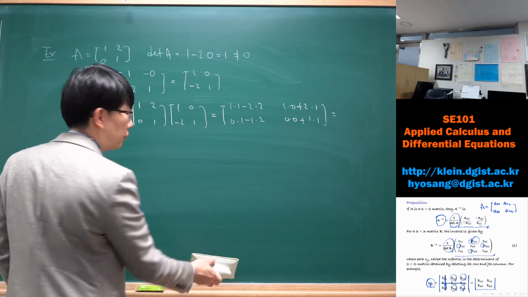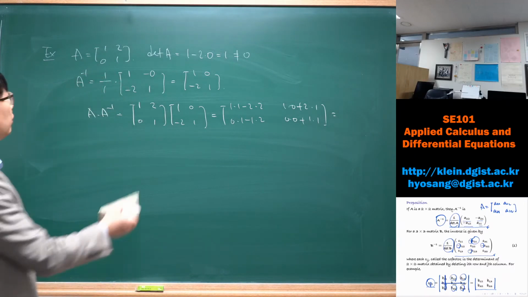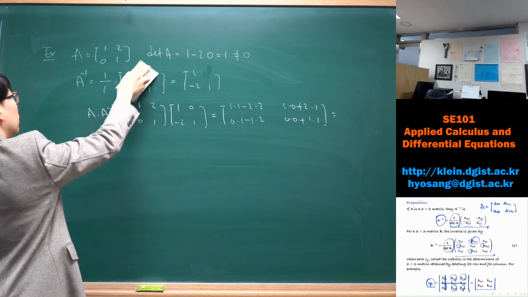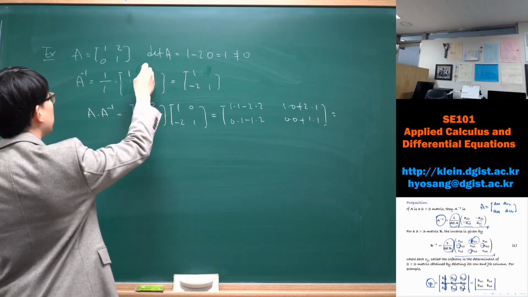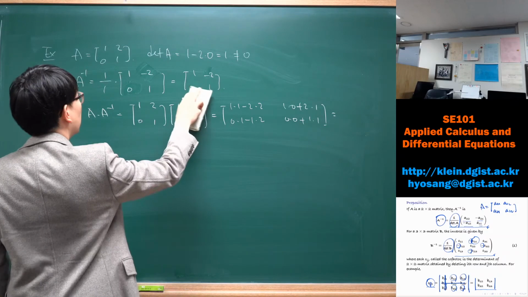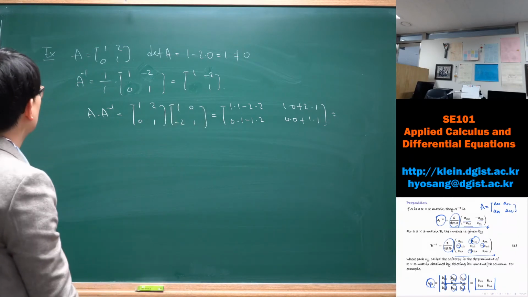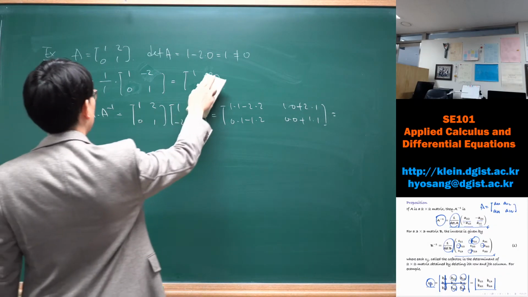No, I think this formula is wrong here. Sorry, so this is not the formula. You don't invert this off diagonal. So minus 2, 0. So minus 2, so 2, 1. No, that's right.